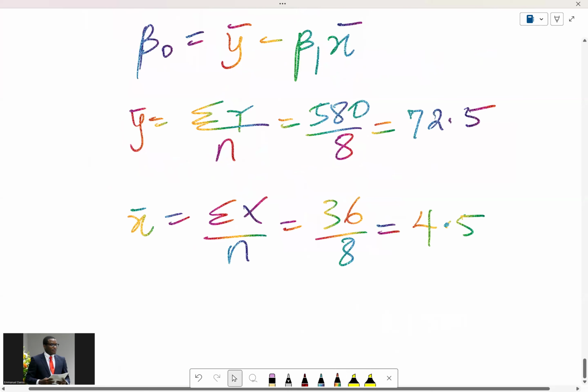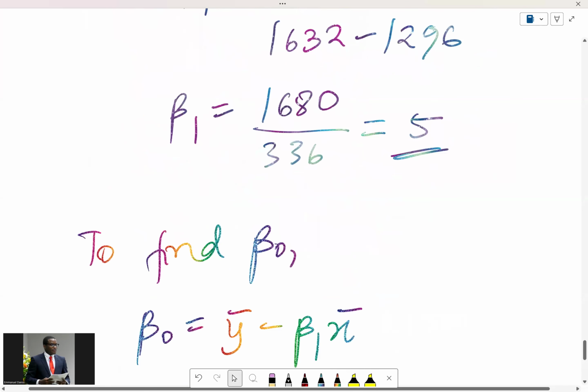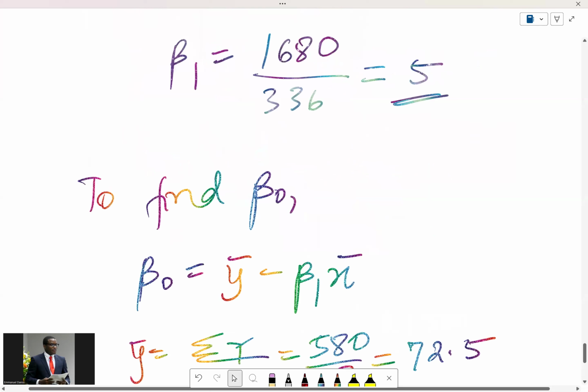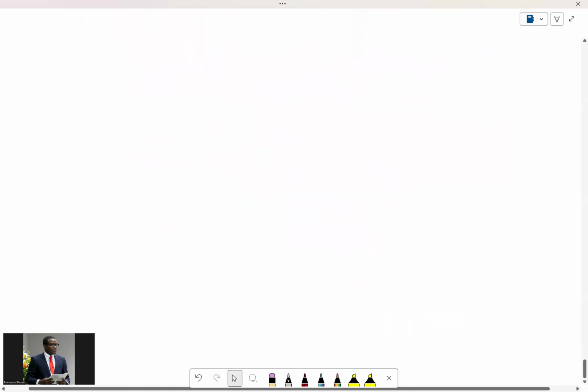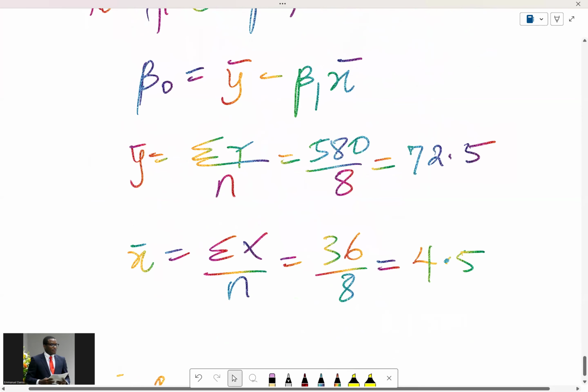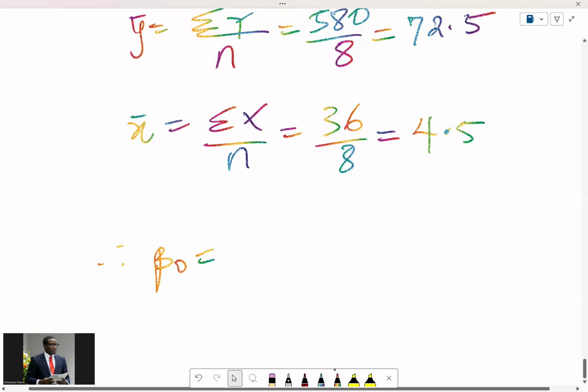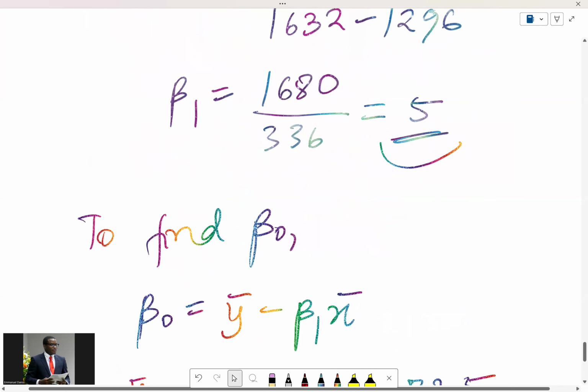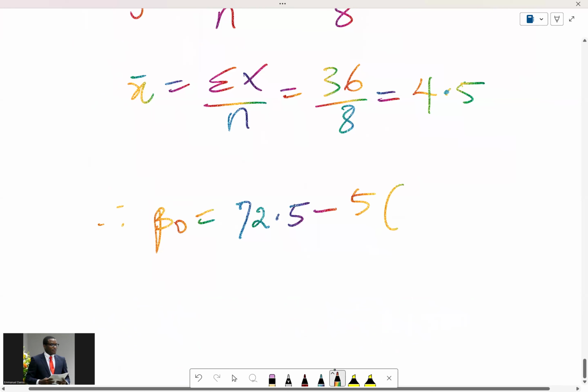So with that in place, don't forget B1 is 5 already, so we can go now. We can say therefore B naught is equal to y bar, 72.5, minus B1, which is 5, times x bar, which is 4.5.